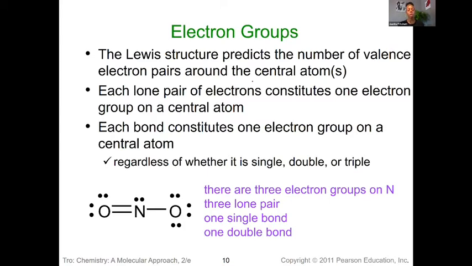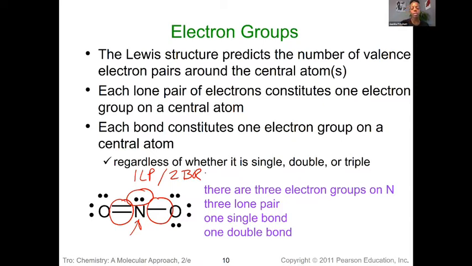So if we look at this molecule here, again focusing only on the central atom, the nitrogen, we would have one lone pair, and then 1, 2 bonding regions. Notice even though this is a double bond to the left, that's still counted as one region.